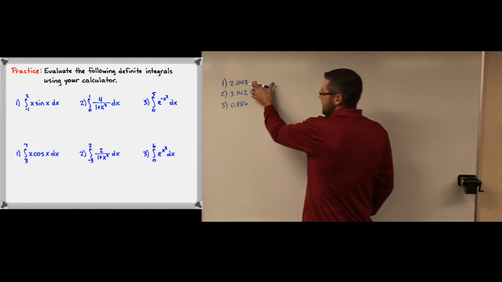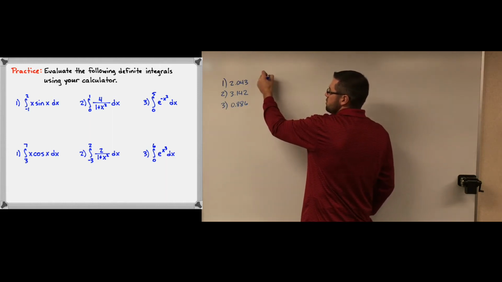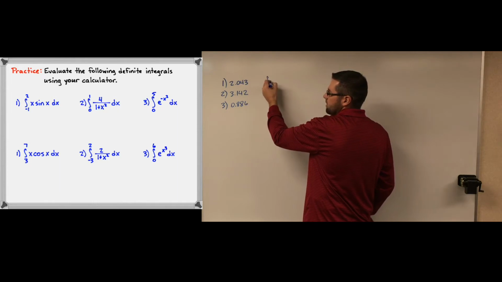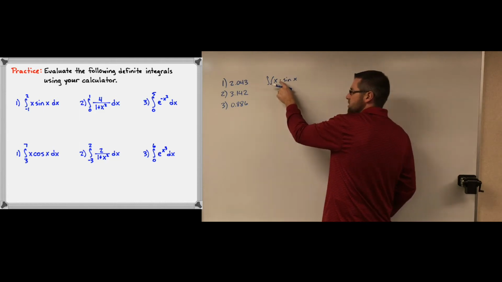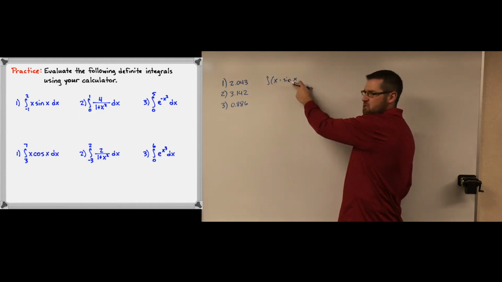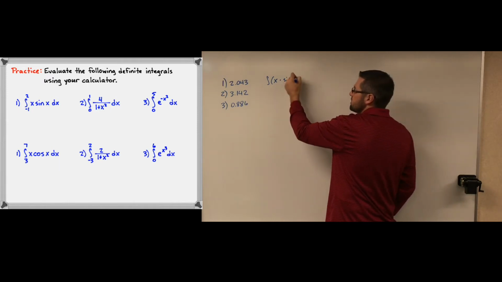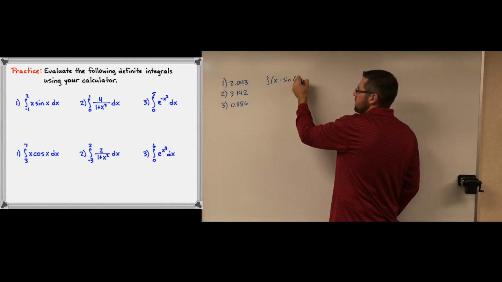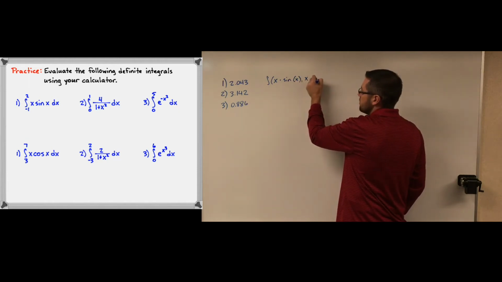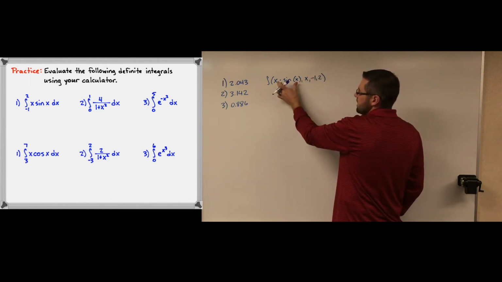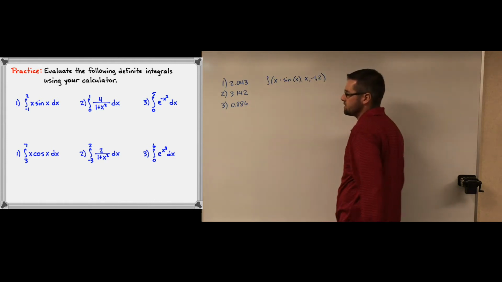Just to take a step back on number 1, you need to type in the integral and then parentheses and then x times sine of x. You have to make sure that multiplication sign is there. When you type in sine, it opens up a parenthesis, right? So parenthesis x, you've got to close that one, and then comma x, comma, what is it? Negative 1 to 2. Because again, it's reading it as a word, x, s-i-n-x.